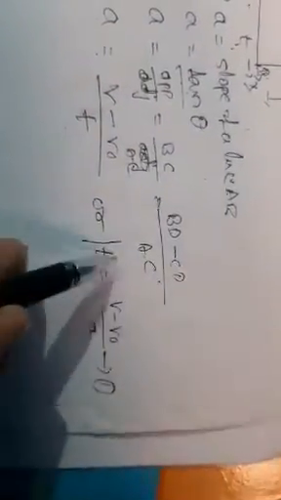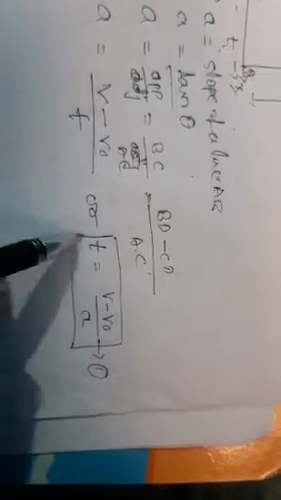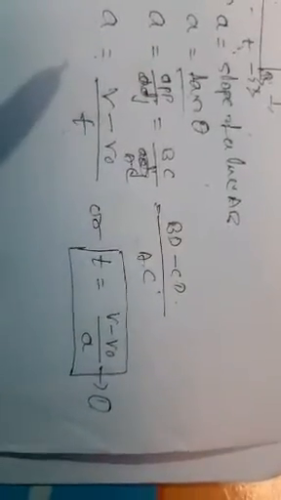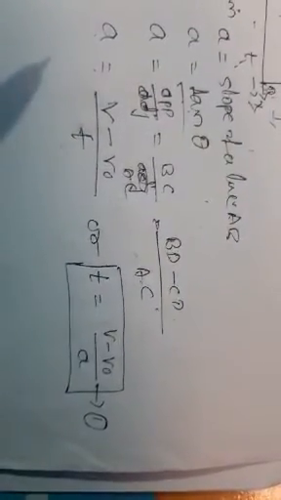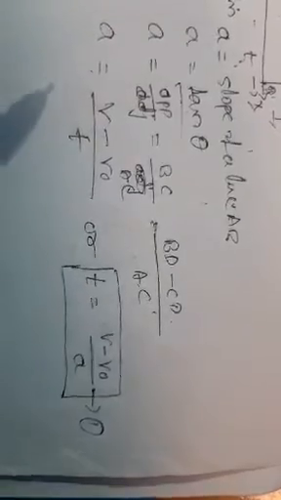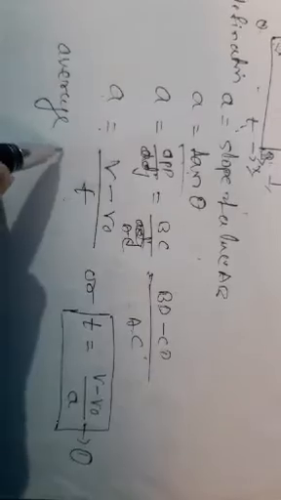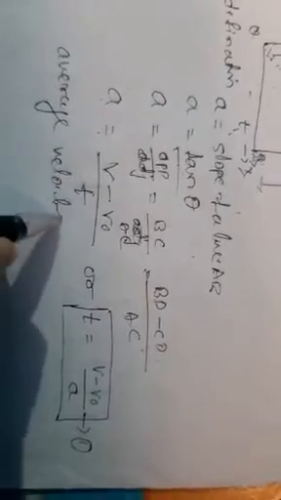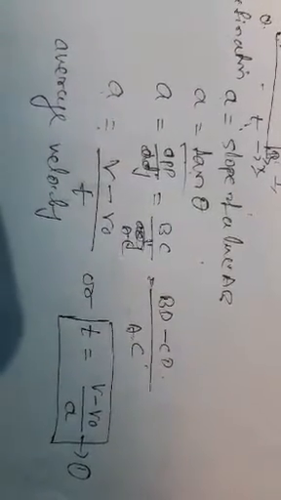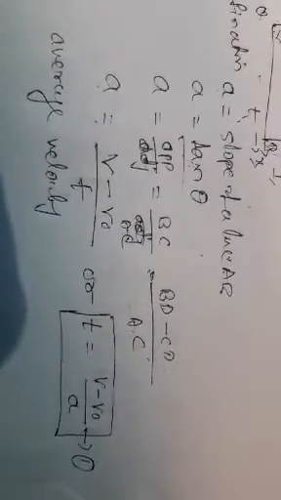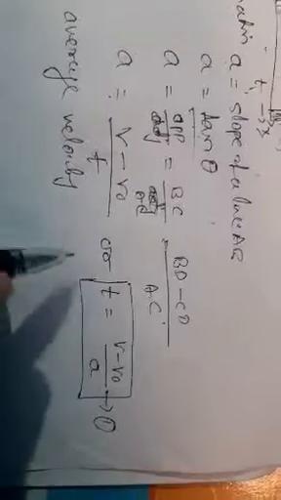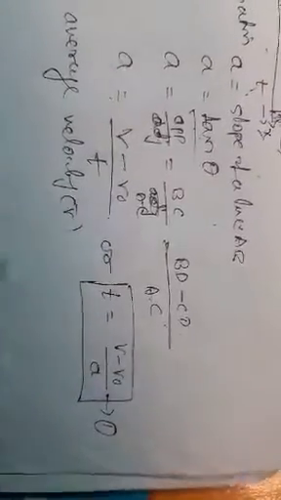The small t is equal to v minus v0 by a. Then, by using the average velocity definition, the average velocity is the sum of the initial and final velocities divided by 2. The symbol is v bar.